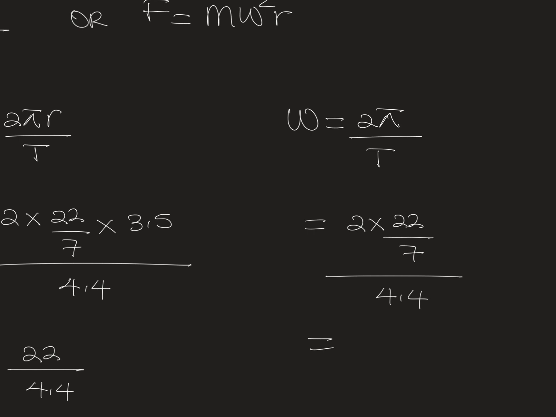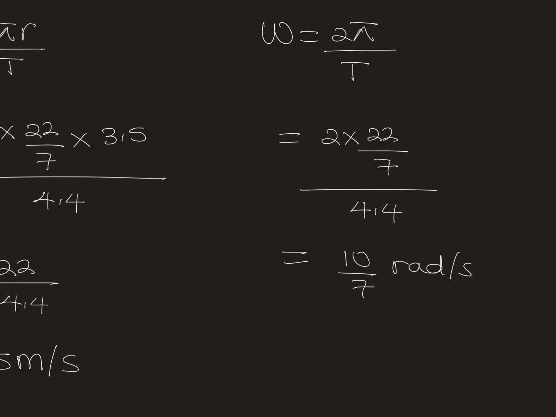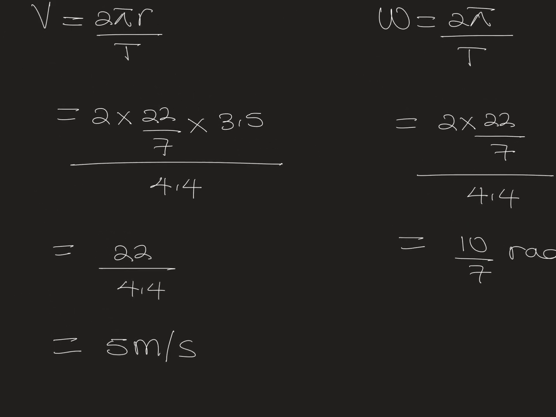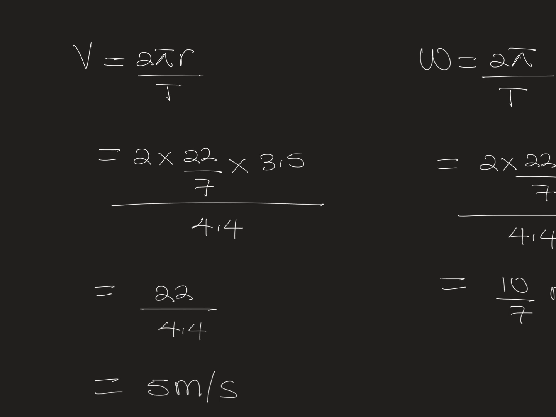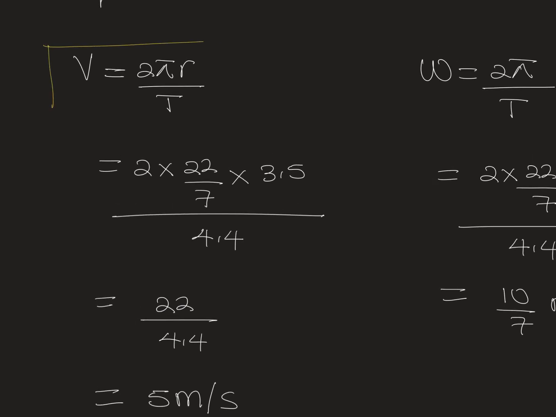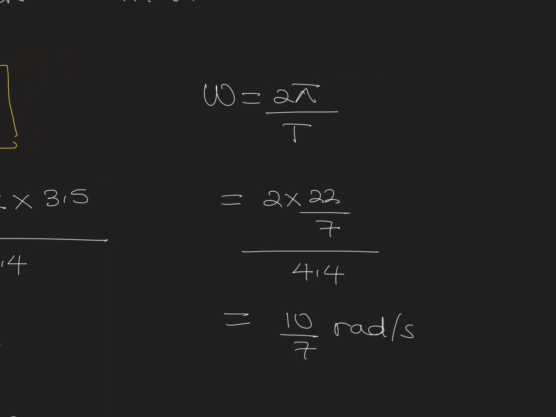We will have 10/7 radians per second as our answer. Okay, so we have the linear velocity as 2 pi r divided by t, or the angular velocity as 2 pi over t.